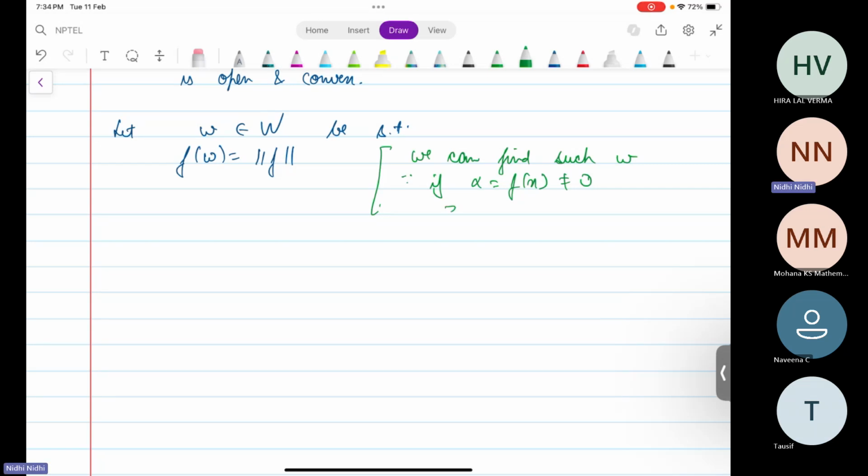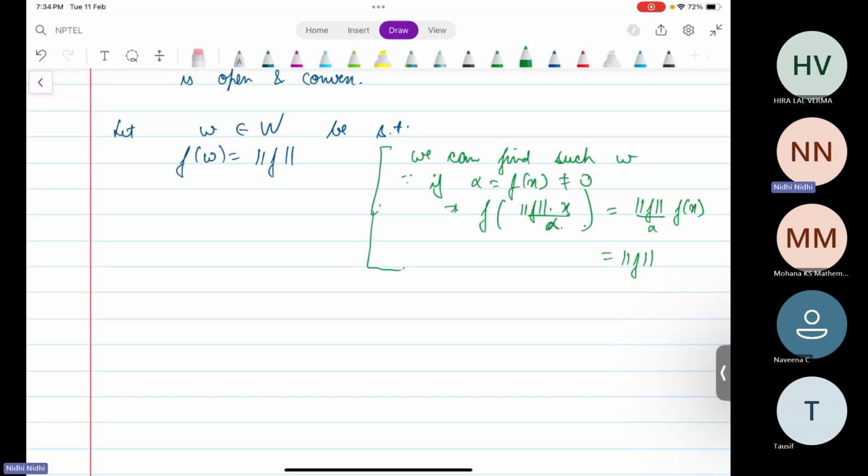In that case, f of (norm f times x by alpha), I have just scalar multiplied x by norm f by alpha, is equal to norm f by alpha times f(x), because f is a linear transformation, which is equal to norm f. Therefore we can find such w.